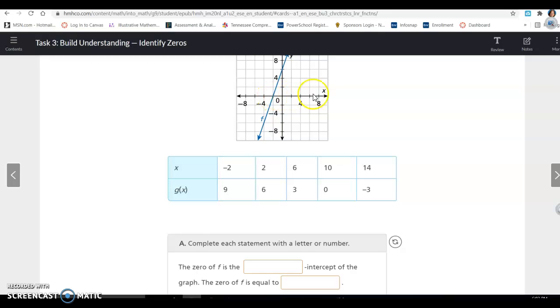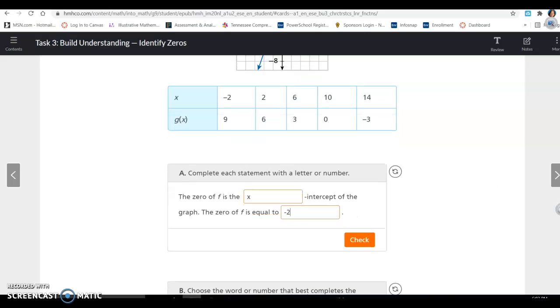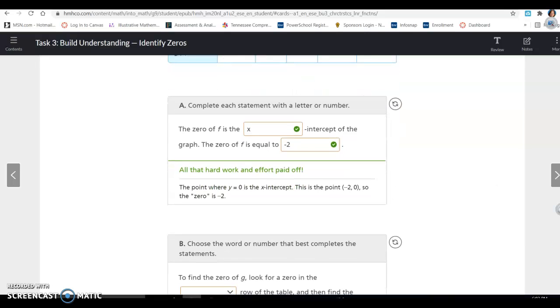So the x-intercept of the graph, the 0 of f is equal to, all right, so it's over 1, but you've got to be careful because look, there's negative 4, so it's going to be negative 2, negative 4. So that would actually be at negative 2. So you always have to look at the scale of the graph.